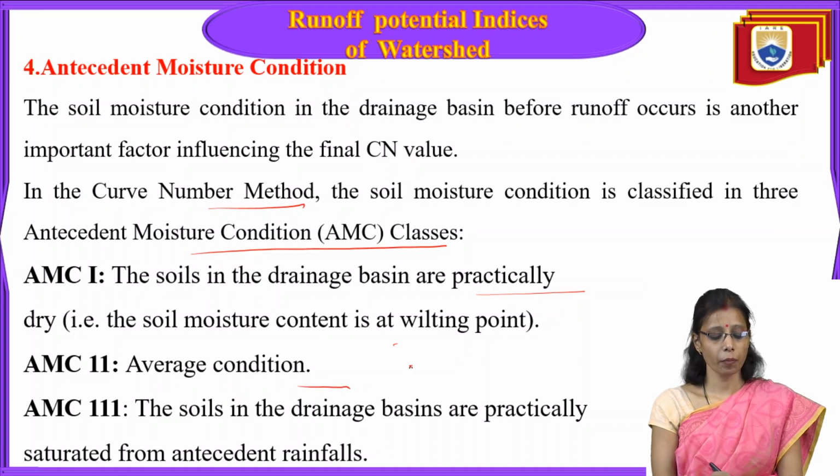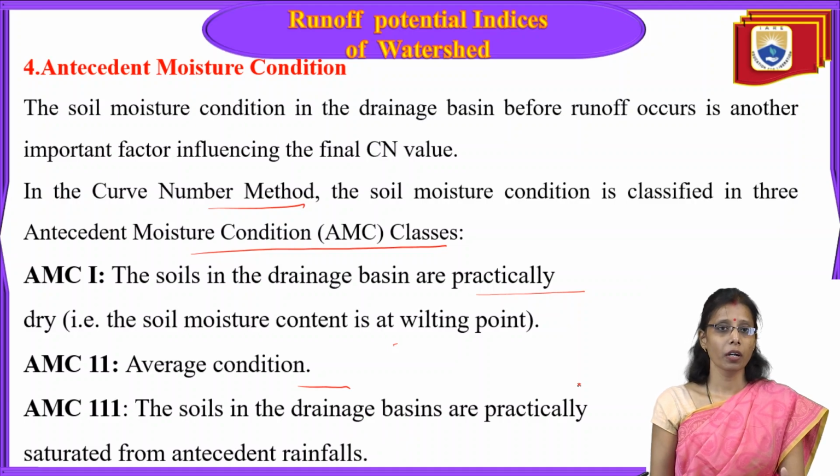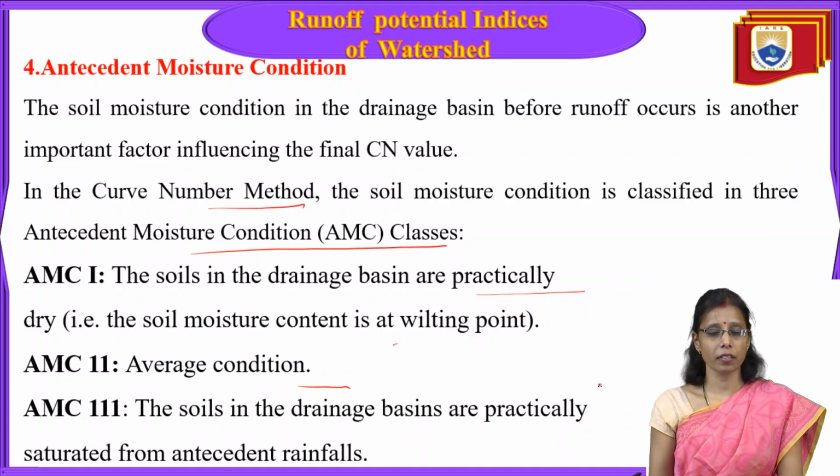AMC 3: the soils in the drainage basin are practically saturated from antecedent rainfall. So this is how it is classified into three antecedent moisture conditions, 1, 2 and 3. In the first condition it is practically dry, in the second it is average, and in the third we see the basin practically saturated from antecedent rainfall.